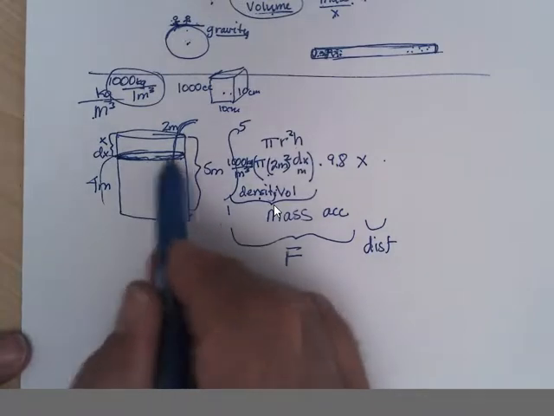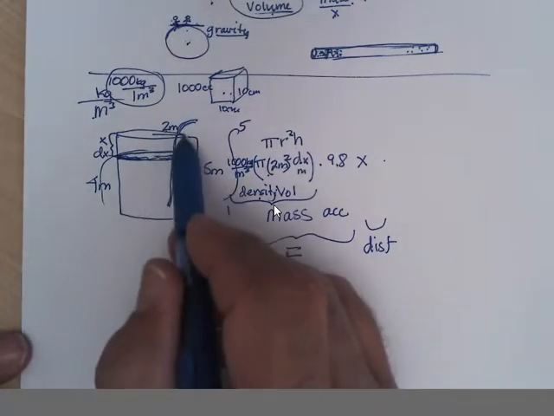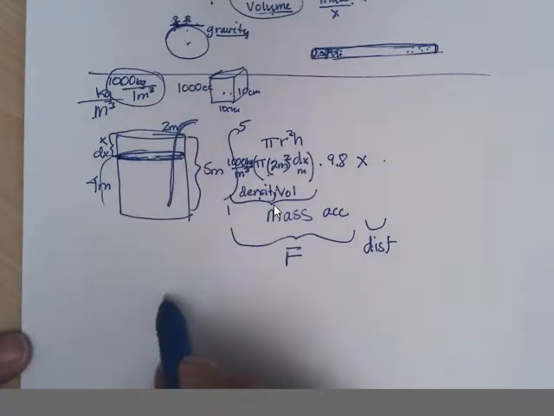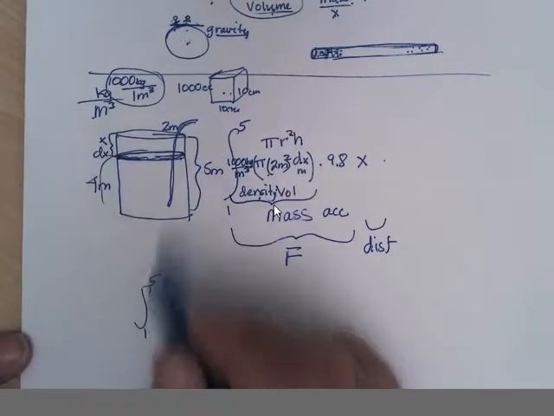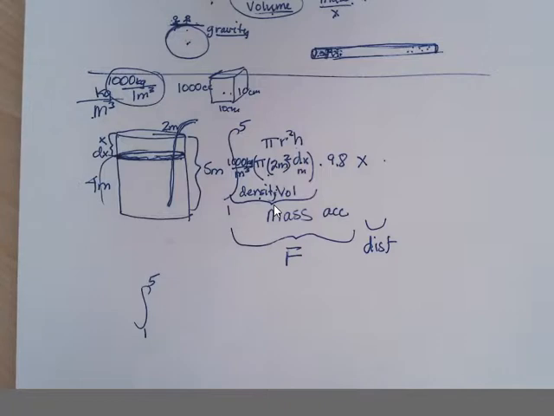The work done to get the water out of this tank, at least lifted to the top of the tank, would be the integral from 1 to 5. Now, if it was a full tank, it would be from 0 to 5.